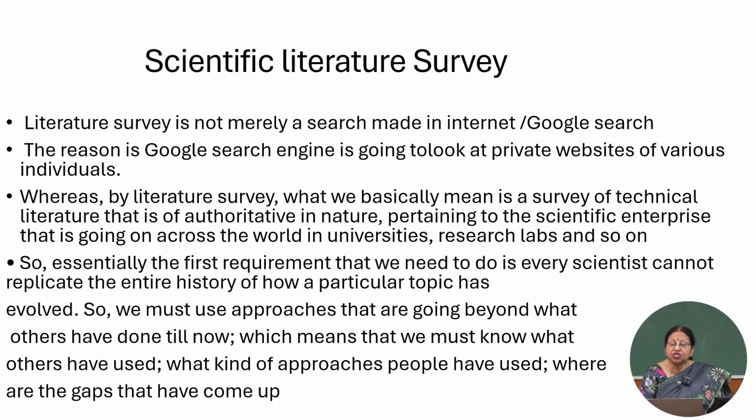Whereas by literature survey, what we basically mean is a survey of technical literature that is authoritative in nature, pertaining to the scientific enterprise that is going on across the world in universities, research labs, and so on. Just depending on Google search is not enough.